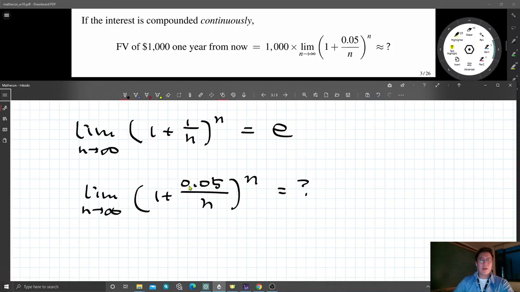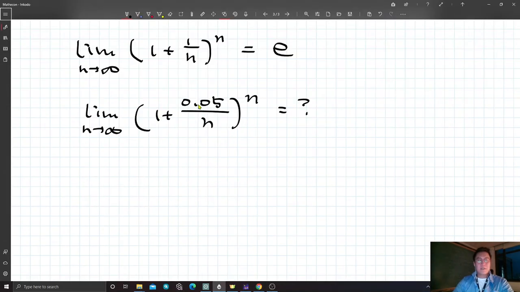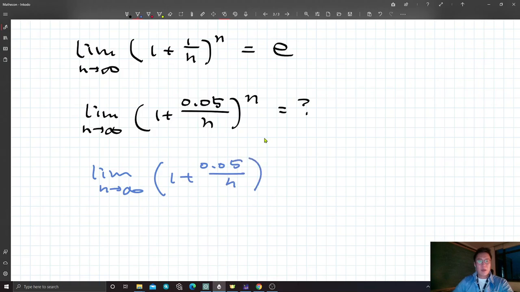So how to evaluate this limit as n goes to infinity? Let me first modify this function to 1 plus 0.05 divided by n. And then for the exponent, let me first divide by 0.05 and then multiply by 0.05.